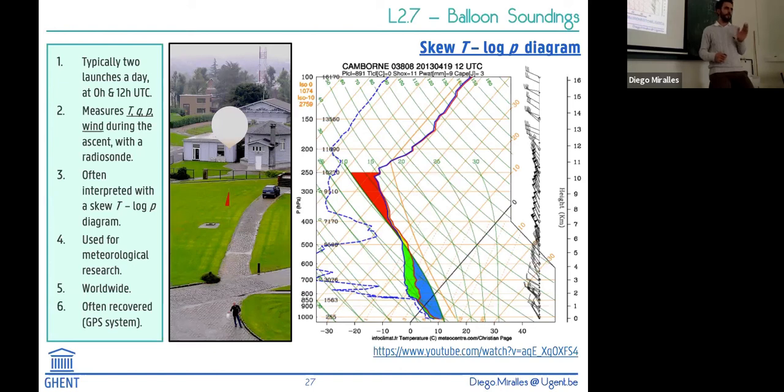So there are places in which you have to wake up at 4 in the morning to launch your balloon. Places like here, we're lucky enough that it happens to be not too bad a time. But it's actually UTC time, 12 morning and evening, or whatever that falls on.